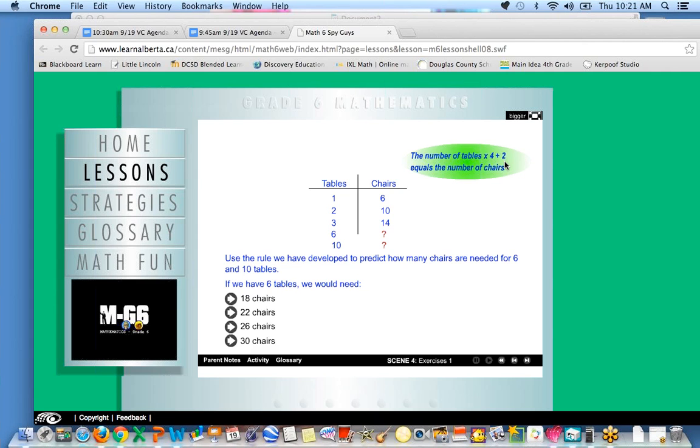So good job, Tristan. 6 times 4, everybody, is 24 plus 2 is 26. Good job. All right, now we're going to jump up to 10 tables. So number of tables, 10 times 4 plus 2.